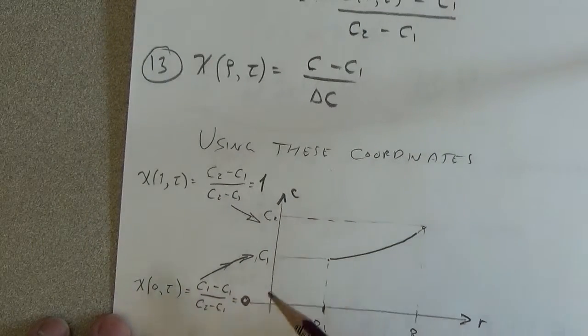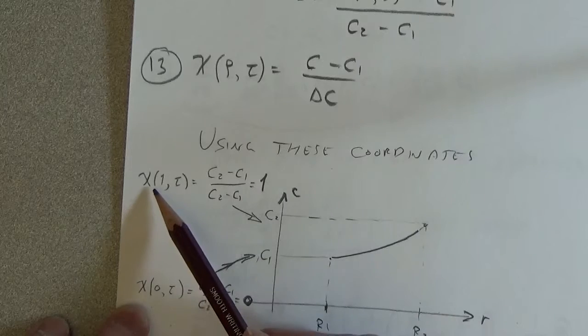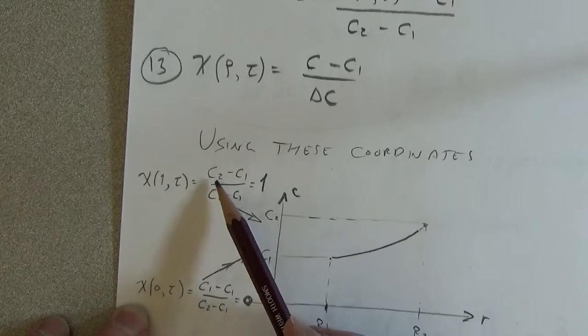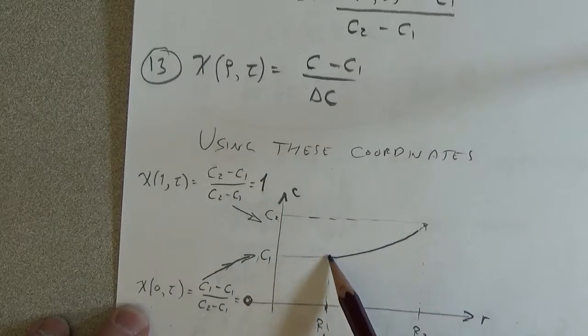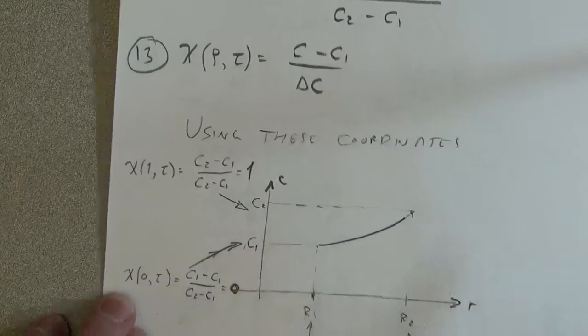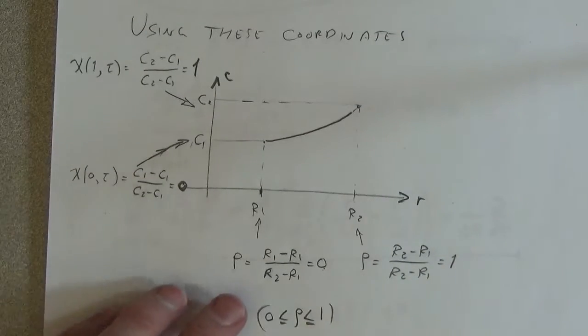And for our concentration, at C1 we have chi being C1 minus C1 over C2 minus C1, which is 0. And chi at C2 is C2 minus C1 over C2 minus C1, which is equal to 1. So our concentrations now also range from 0 to 1 in these dimensionless units. So this is a handy coordinate system that we're going to work with.